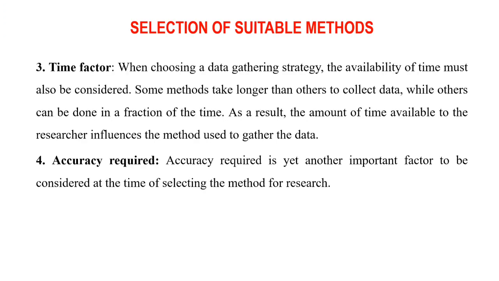The next factor that should be considered when you are selecting a research method is the time factor. You have to consider how much time is available to do the research. How much time is available has a major importance in selecting a suitable method.